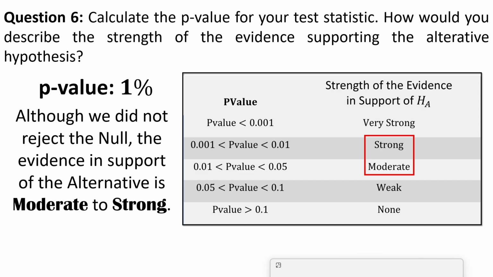And so here we can say, even though we didn't reject the null hypothesis, there's still moderate to strong evidence in support of the alternative. We didn't reject because we set a stringent value for our level of significance, but there's still evidence in favor of the alternative.